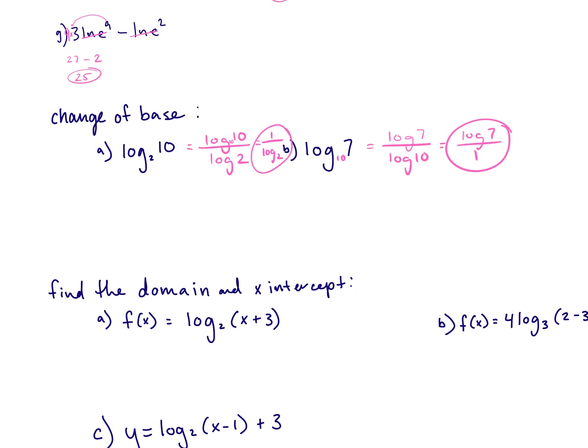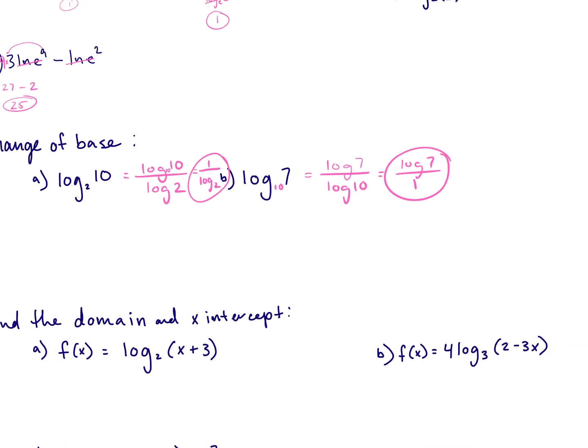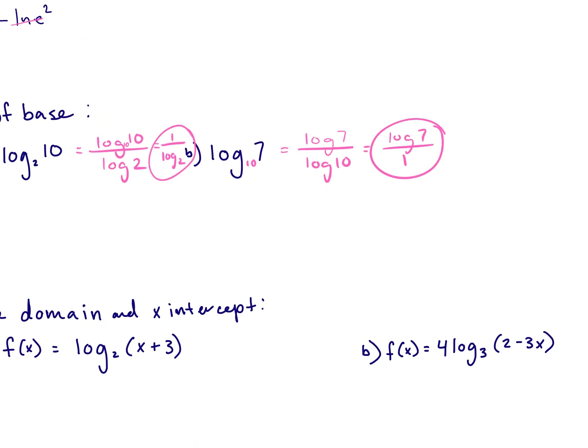Any questions there? You want to simplify it all the way. This one we would want to write as log of 7. But just always keep your eye out to see if it could be simplified anymore. If it was 2 logs that you can't simplify anymore, you would just want to leave it as a fraction.